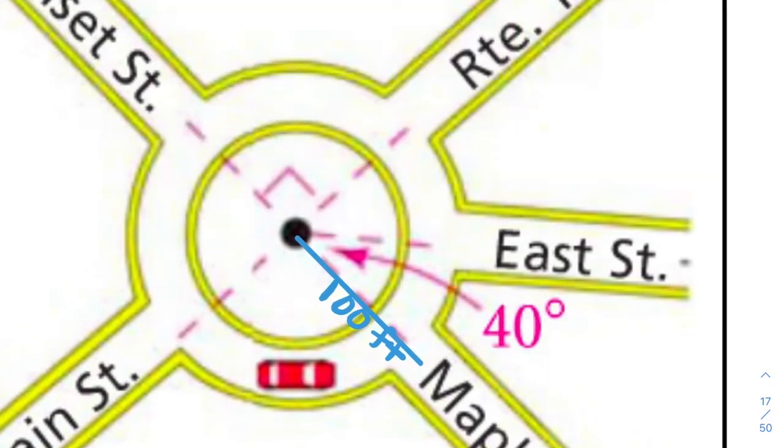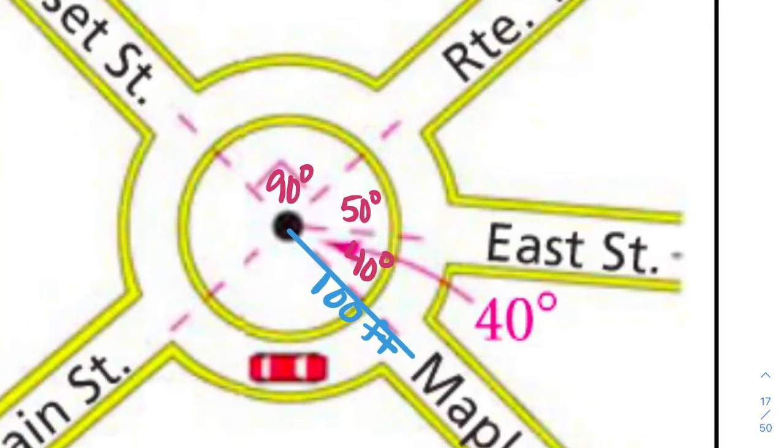So here, this is 90 degrees. This is another 50. And the reason why that's 50 is because it's an intersection. They're all 90 degrees, but it looks like that street falls 40 degrees here. So if this was a right angle and you take away 40 degrees, you get the other 50 degrees that you need.